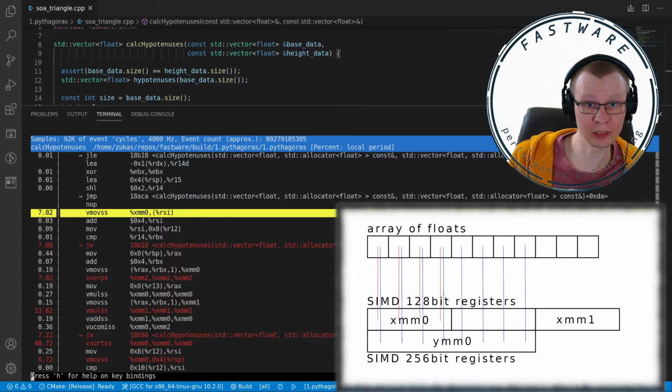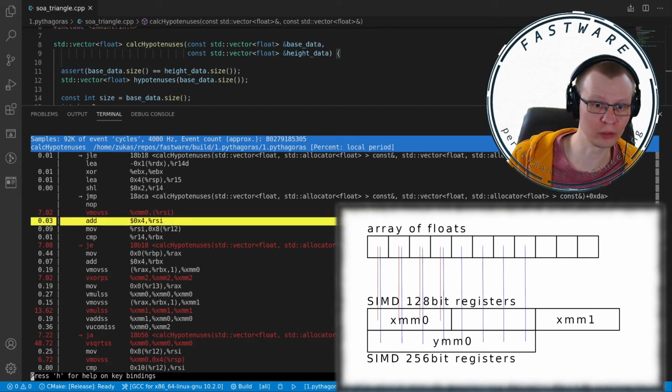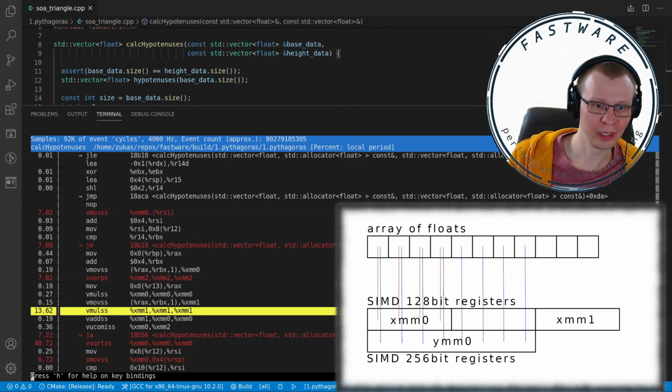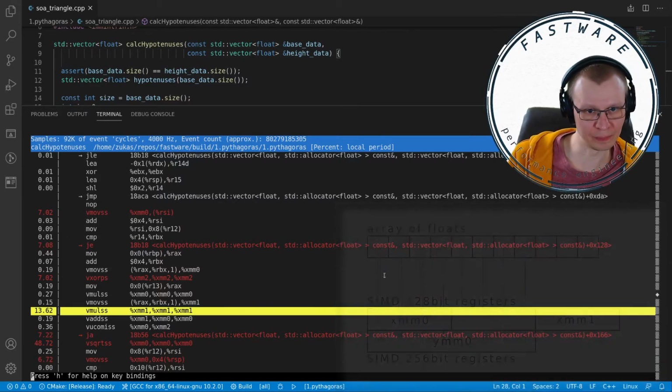And our data is packed closely, so we should be able to load them all together. But for some reason, our compiler just fails to understand this pattern that we calculate the hypotenuse here, and does, again, a very trivial transformation. It uses a single float from this vector instead of 4 of them or 8 of them.